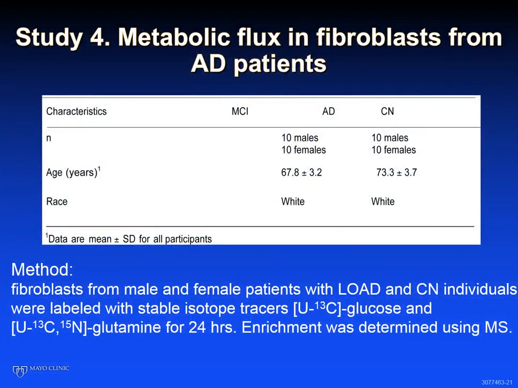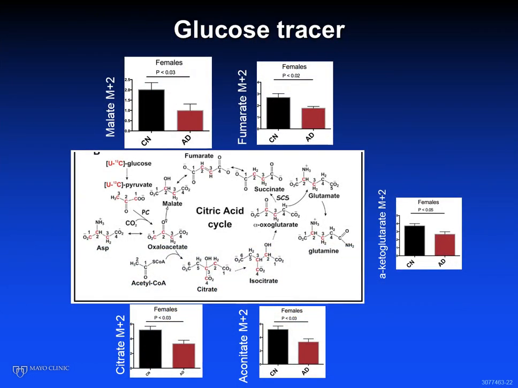The final study that I'm going to run through was how we can verify what is going on with this TCA cycle. So what we did, we applied stable tracer technology, flux, to examine flux through the TCA cycle using glucose and glutamine tracer.